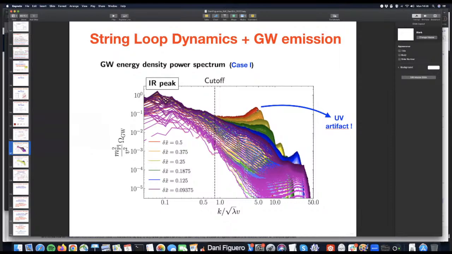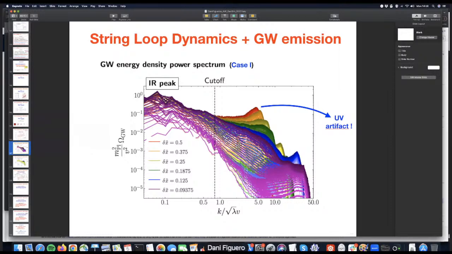But then when we started resolving better and better the actual core of the string, we still have the cusp, but what we saw is that the emission is no more significant than the global motion of the string itself, which is what dominates this infrared emission here.